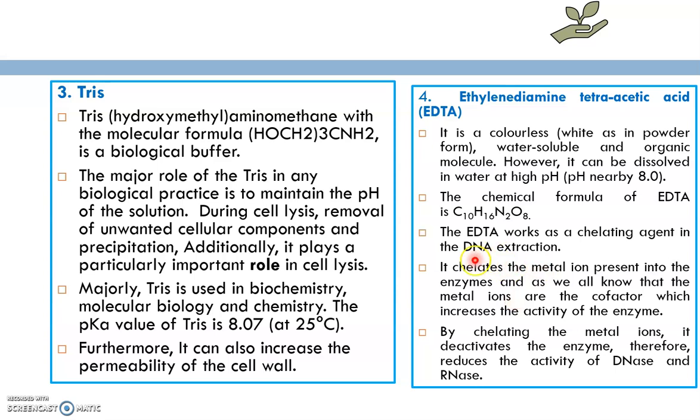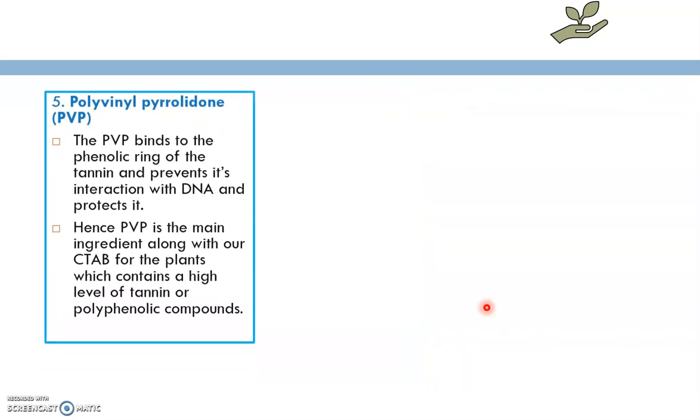So EDTA easily binds with the calcium and magnesium ions and prevents them from acting with the DNases and RNases, and in the absence of magnesium and calcium ions, DNases and RNases cannot degrade our DNA, which is now directly in contact with these enzymes. So EDTA is one of the important factors which acts as a chelating agent here.